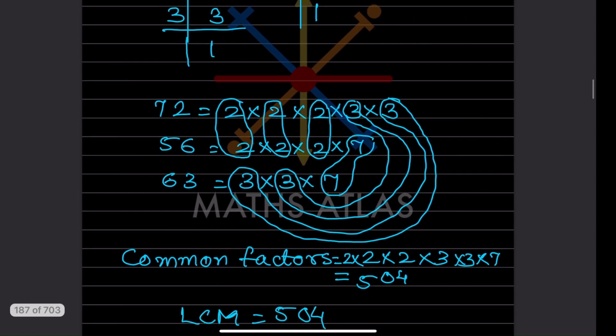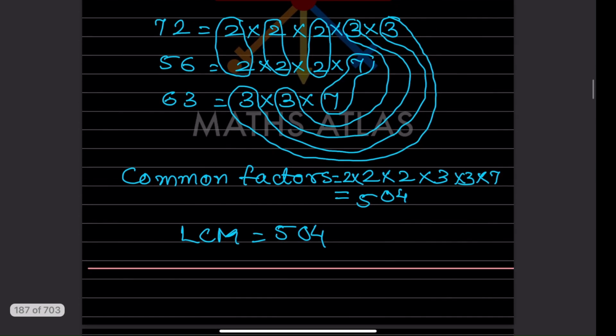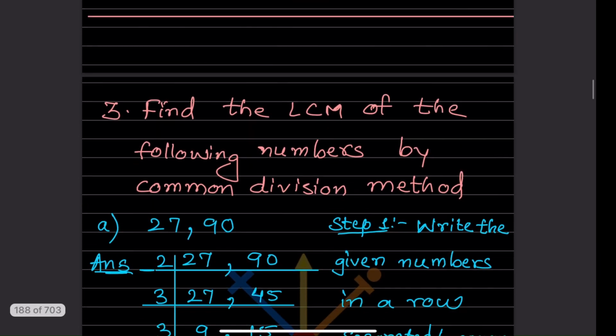Again here, in 2 places only we have 2, in 3 places we have 2, and for 3 we have it in only 2 numbers, and for 7 also in 2 numbers. Now this all comes under the common ones. We don't have uncommon for this one. So LCM is 504.